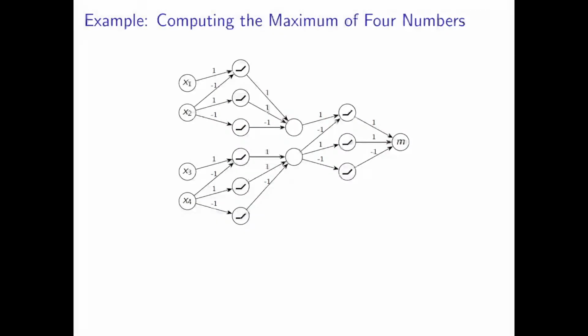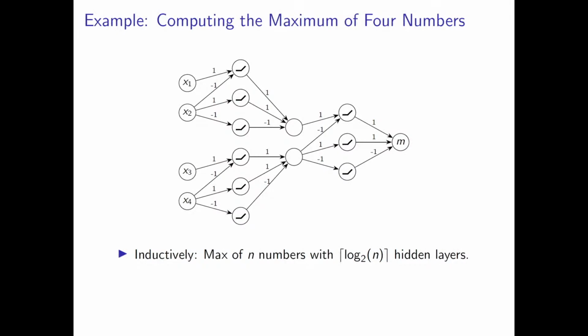Of course, we can now again copy this network next to each other, add another maximum network on the output, and that gives us a maximum of 8 numbers with 3 hidden layers, and so on. And to put it the other way around, logarithm to the base 2 many hidden layers are sufficient to compute the maximum of n numbers by this construction.